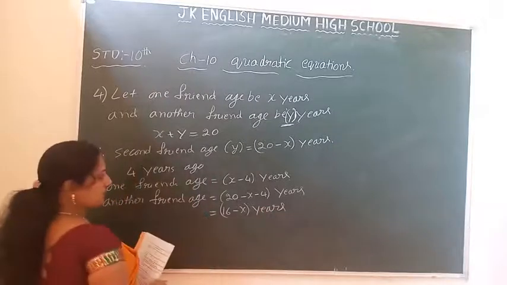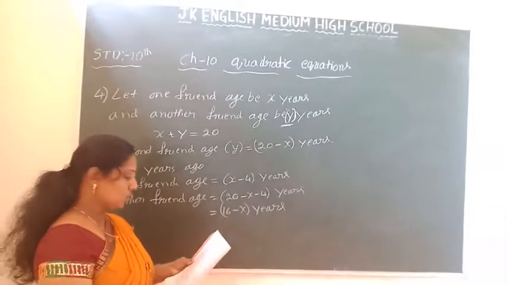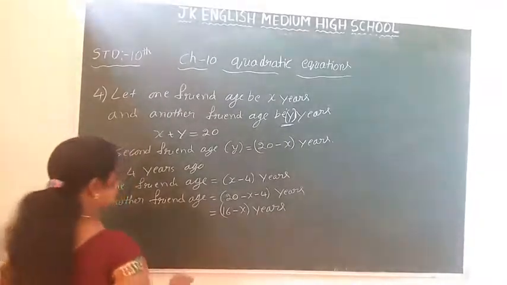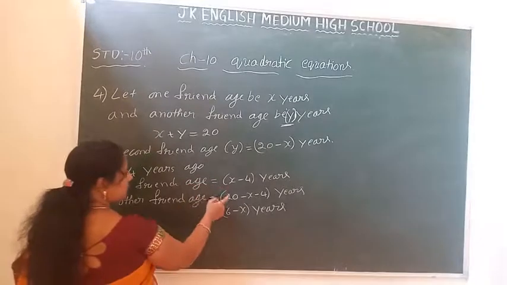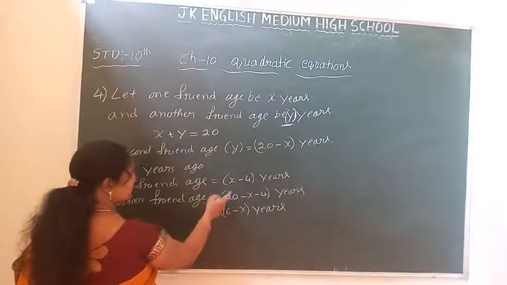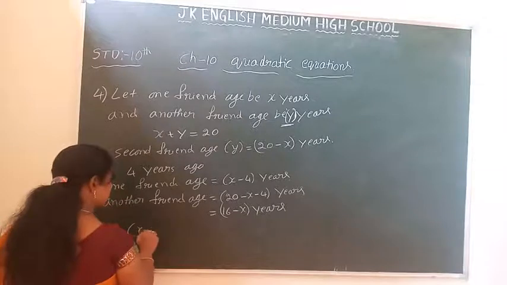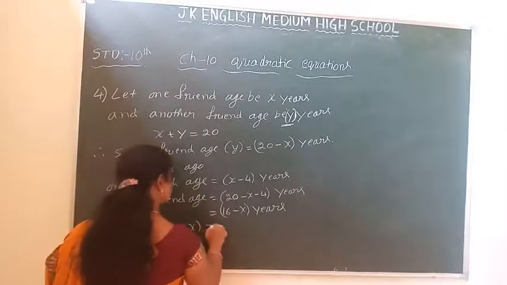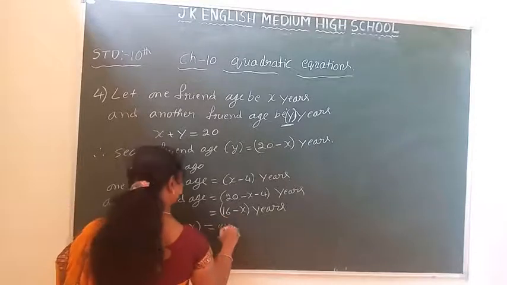Okay. So four years ago, the product of their ages in years was 48. Now, four years ago, the product of their ages according to the statement is x minus 4 into 16 minus x is equal to how much they give? 48.